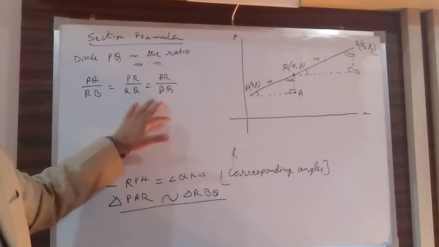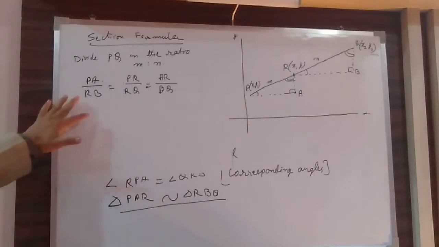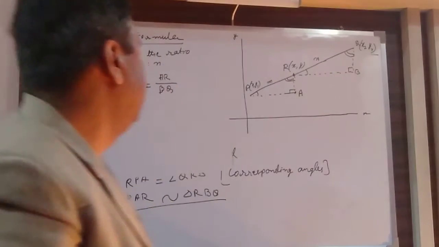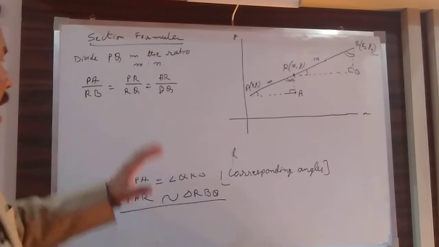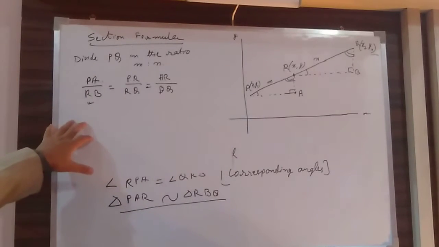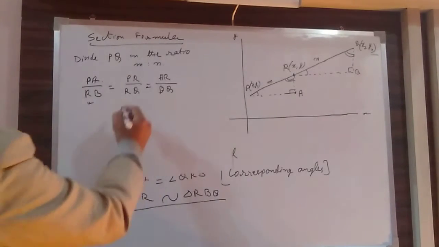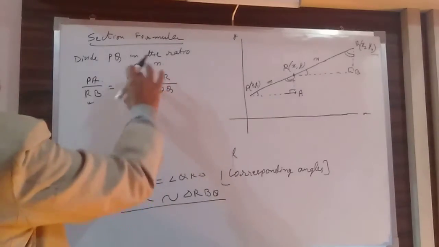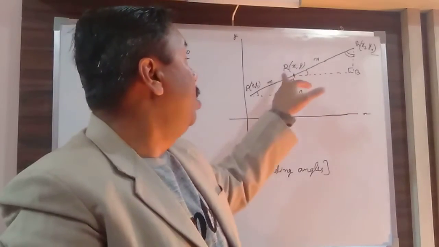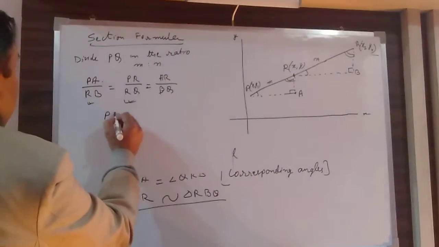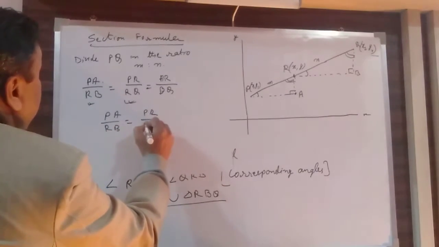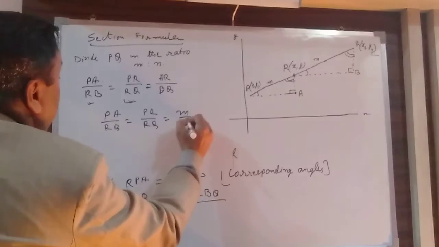The ratio will be the same. I will take PA and RB, and PR and RQ, that is the first two only. What is PR over RQ? As I said, this will be the ratio m is to n. So PA over RB is equal to PR over RQ, and that is equal to m is to n.